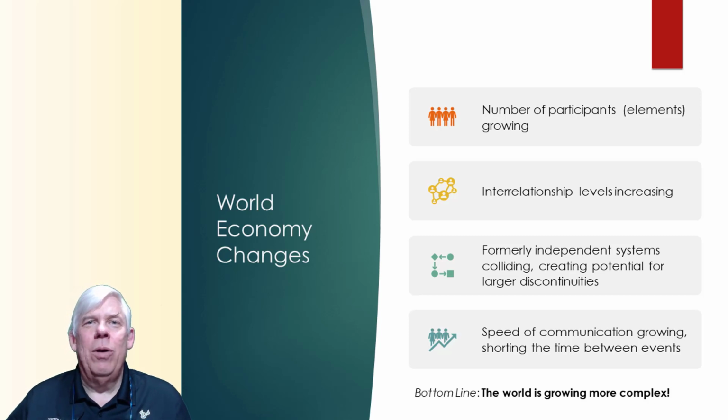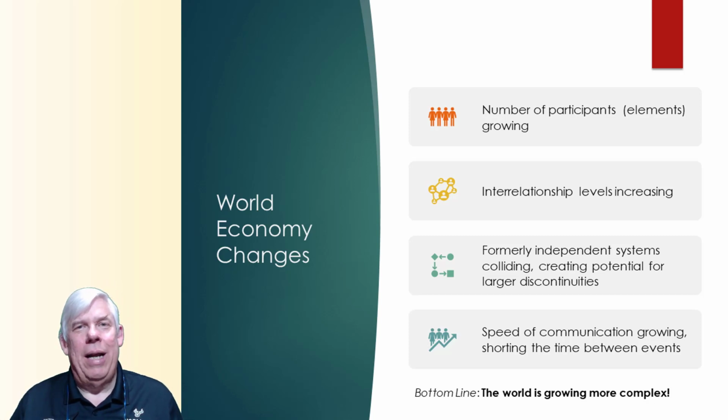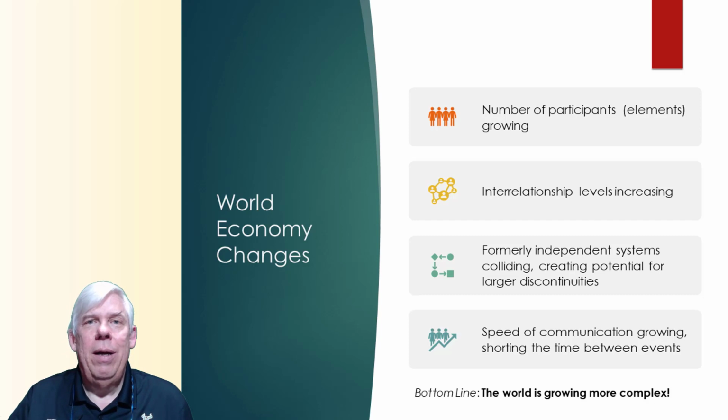One of the things that we're seeing is the number of participants in our system is growing. One of the major impacts of globalization is that all of a sudden many different countries and groups of people are involved in the production of even simple items. The level of interrelationship between these elements is increasing as well.